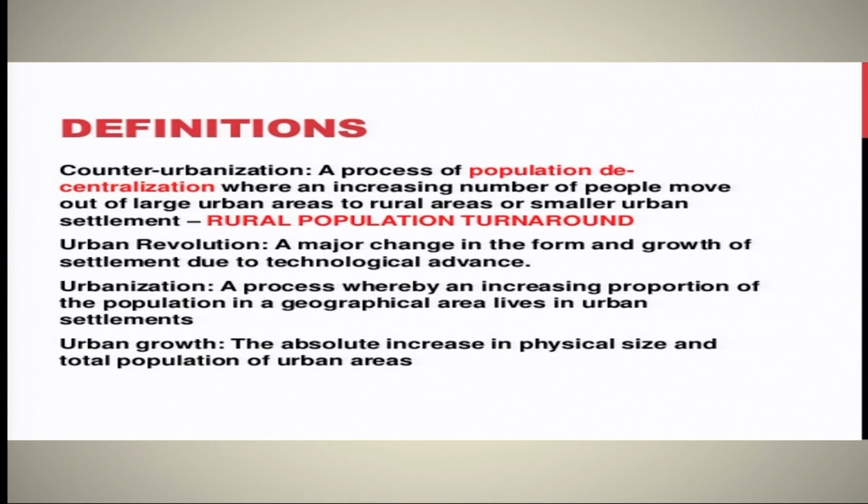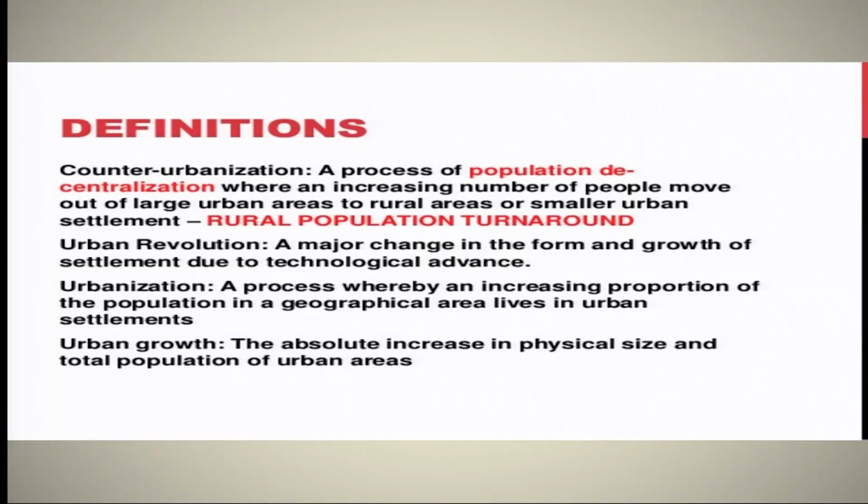What is urban revolution? It is a major change in the form and growth of settlement due to technological advances. We would have noticed that due to the increase in science and technology, the urban revolution is ushering in and bringing a lot of people towards the cities.